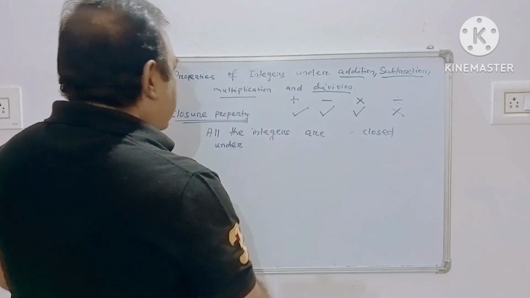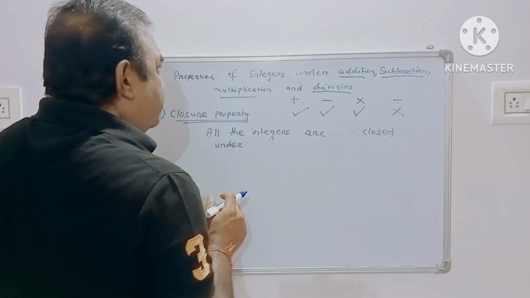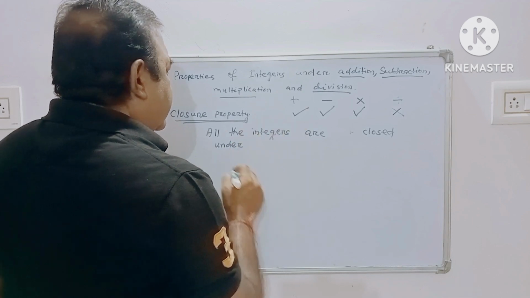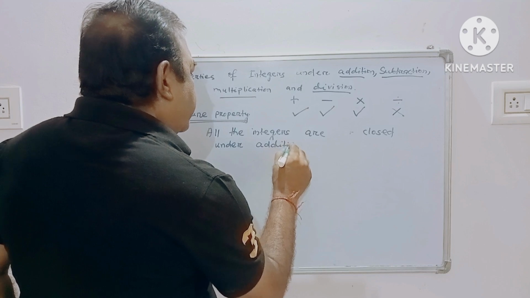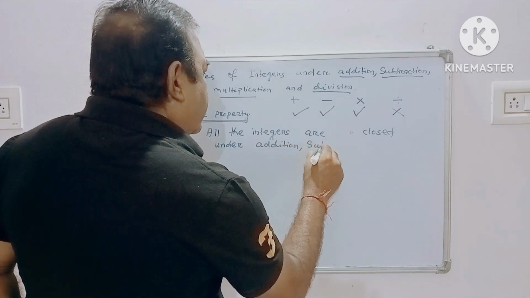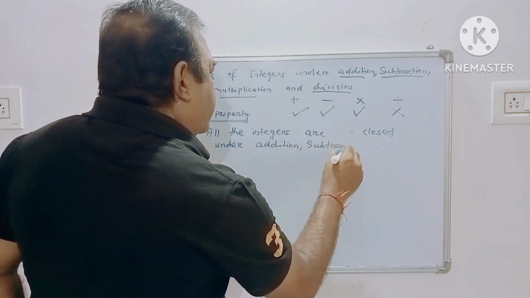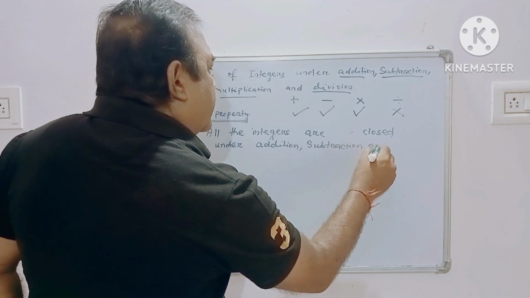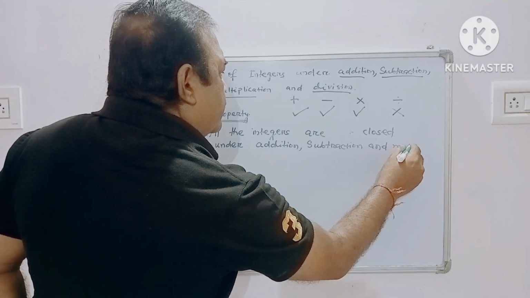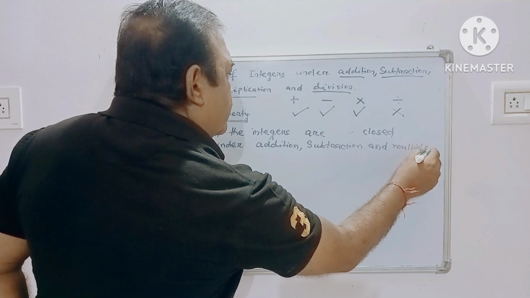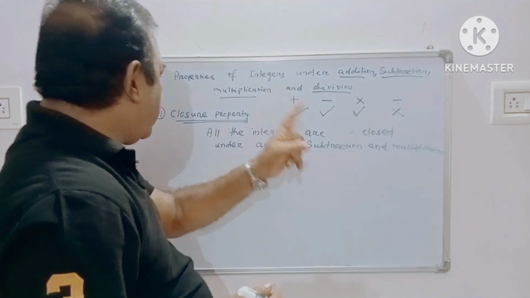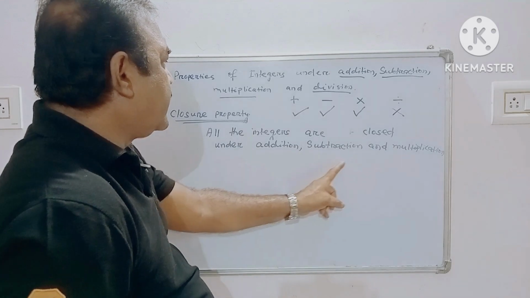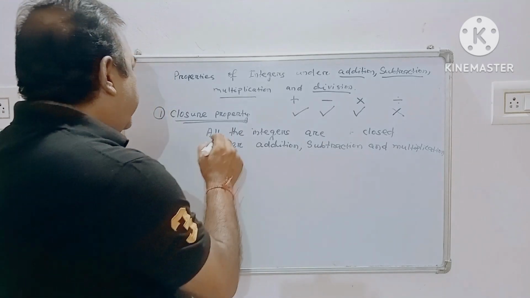Under this operation they are not closed, but all the integers are closed under which basic operations? Under addition, subtraction, and multiplication. All the integers are closed under addition, subtraction, and multiplication.